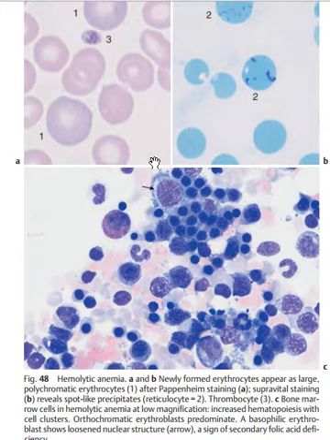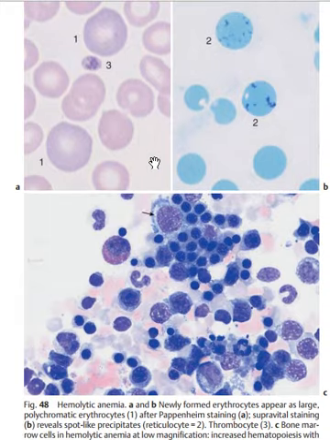In diagram A, you are going to see the red blood cells are going to be normochromic. Is it clear? Now you need to know that there is a peculiar characteristic of hemolytic anemia.